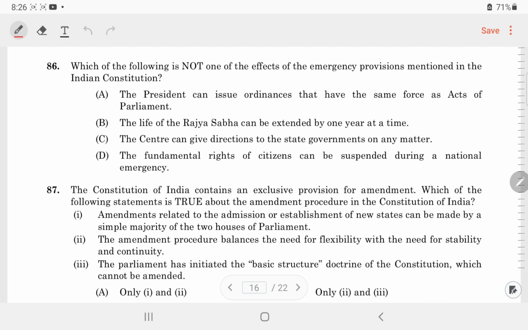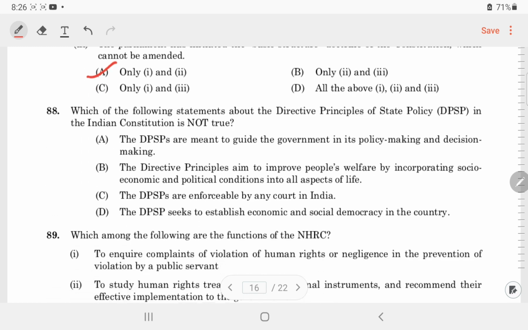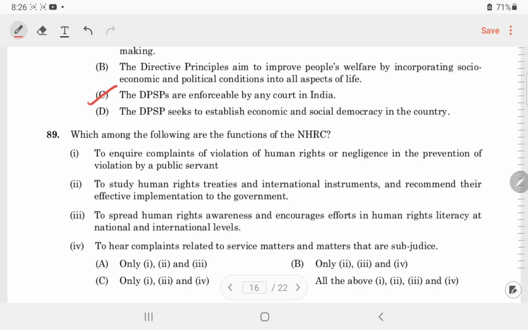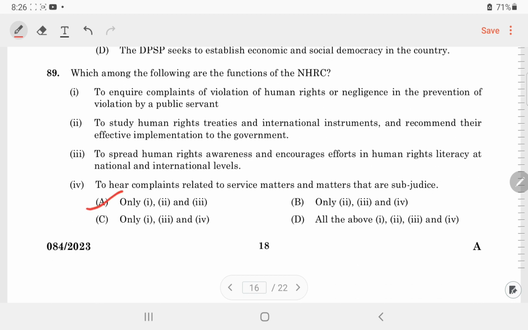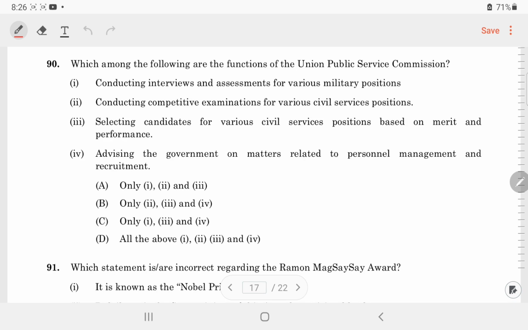Question number 86. The answer is option B. Question number 87. The answer is option A. Question number 88. The answer is option C. Question number 89. The answer is option A. Question number 90.